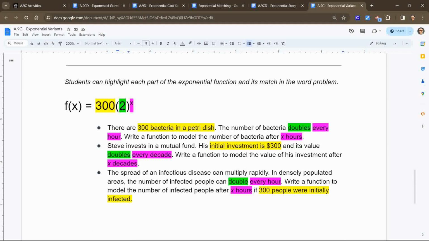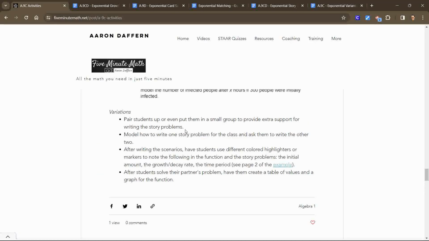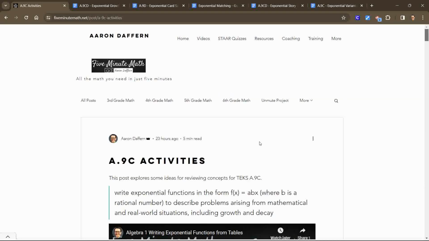My scale factor is green: doubles, doubles, doubles. And then my time unit is every hour, x hours; every decade, x decades; every hour, x hours. So you really lock in that they know the initial amount, the time unit, and the scale factor. And those are all different things that you can do to teach Algebra 1 Standard A.9C.